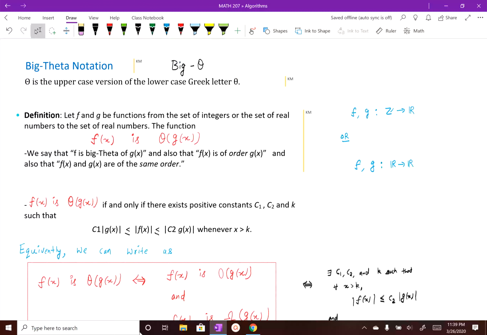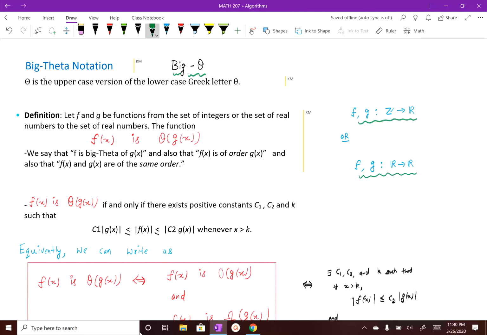The next notation which we are going to study in this course is the Big-Theta notation, which we denote by big Theta, and Theta is the uppercase version of the lowercase Greek letter theta. So by definition, let f and g be two functions either from a set of integers to a set of real numbers or from a set of real numbers to a set of real numbers.